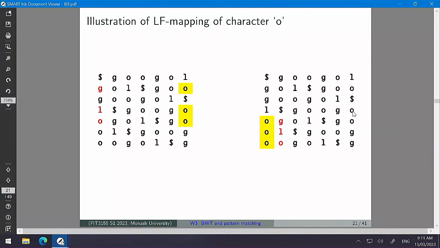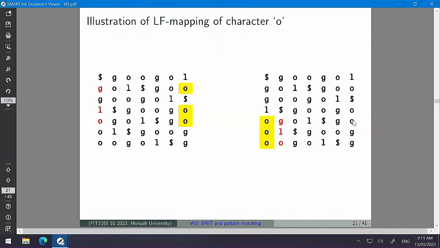Now if I saw this O, what is the rank of O? It's pointing to that position. How many times have I seen an O before that position? Once. So whatever the rank plus 1 would be that one. So if I look at this O, what is the rank of O? Is that position. So I know it falls there. Which O is it?